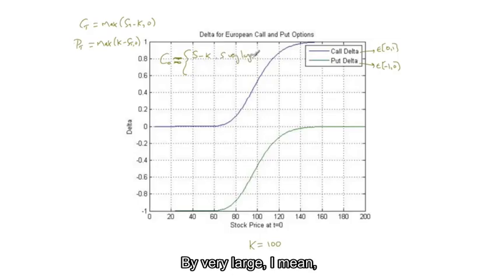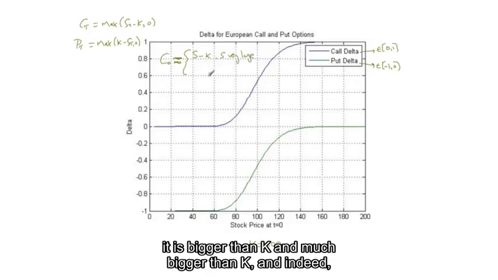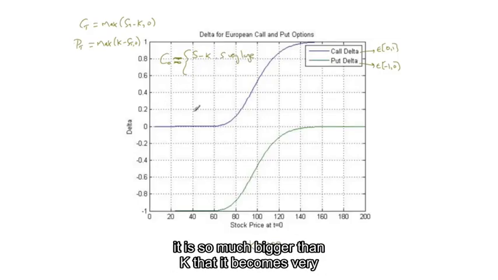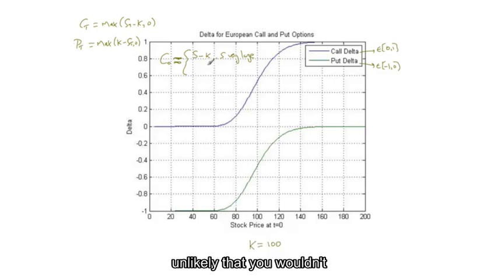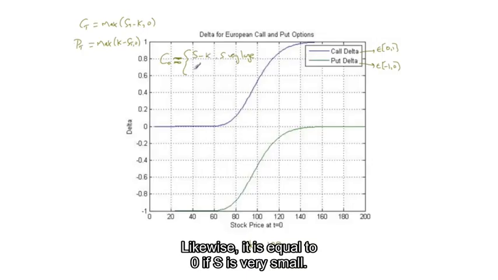And by very large, I mean it is bigger than K and much bigger than K, so much bigger that it becomes very unlikely that you wouldn't exercise the option at maturity. Likewise, it is equal to 0 if S is very small.